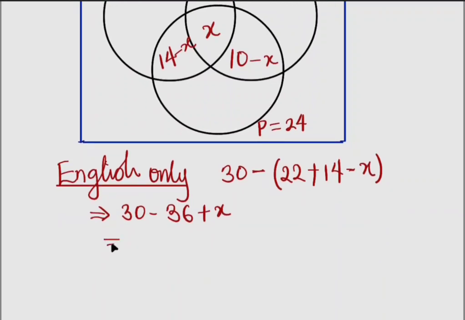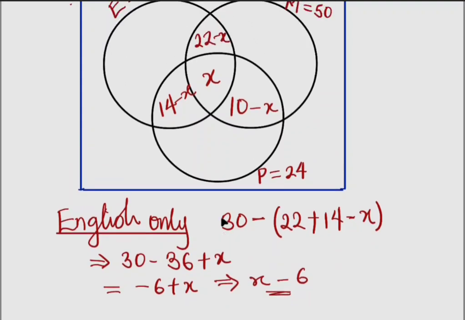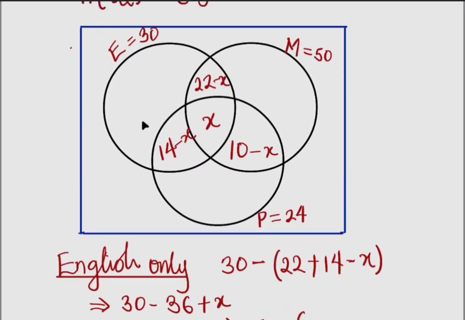In simplifying this, we shall have minus 6 plus x, or you write it in simple form, that is x minus 6. So the number of students that take English alone will be x minus 6. So let's put it there, x minus 6.